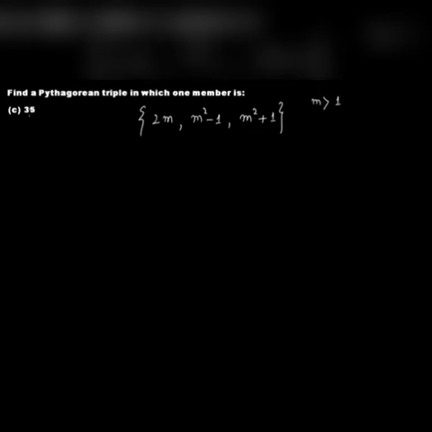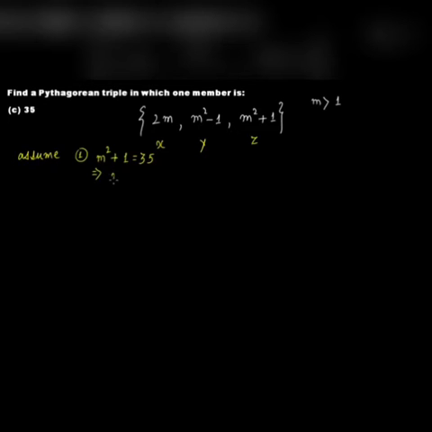Okay, so let's say that this is x, this is y, this is z. We don't know whether 35 is x or y or z. Let's begin our assumption, and let's assume that this 35 is actually z, that is m squared plus 1 is equal to 35, right?